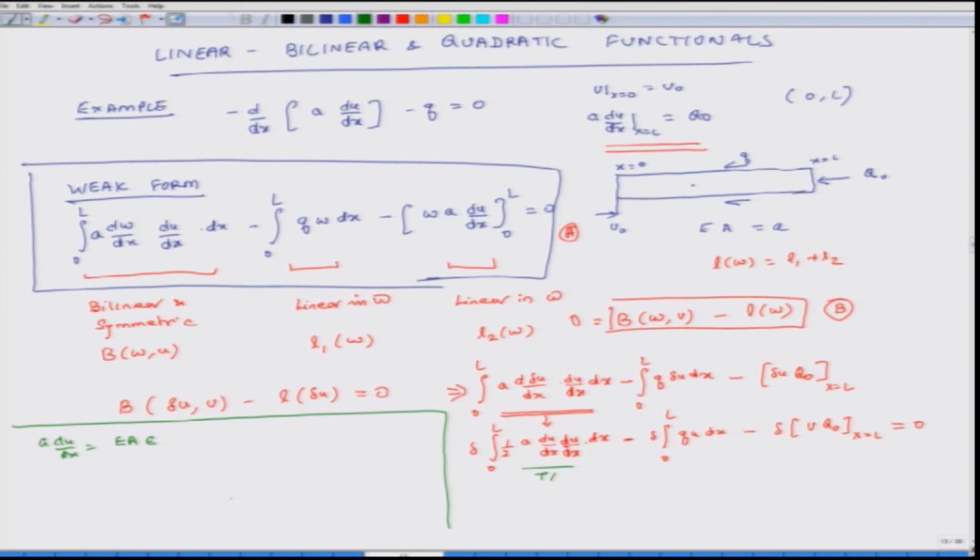If I am pulling a rod, it will stretch by a little and the differential of that stretching is the strain. So, this is nothing but stress, axial stress, and the other du dx is strain.